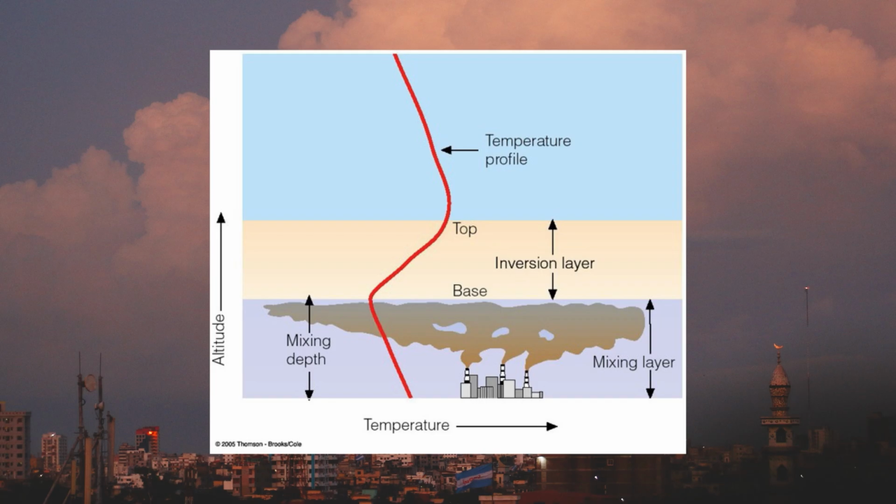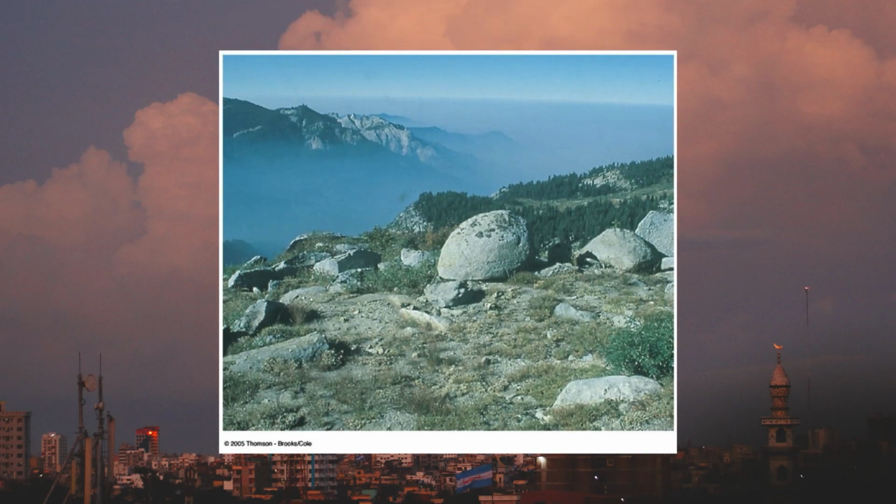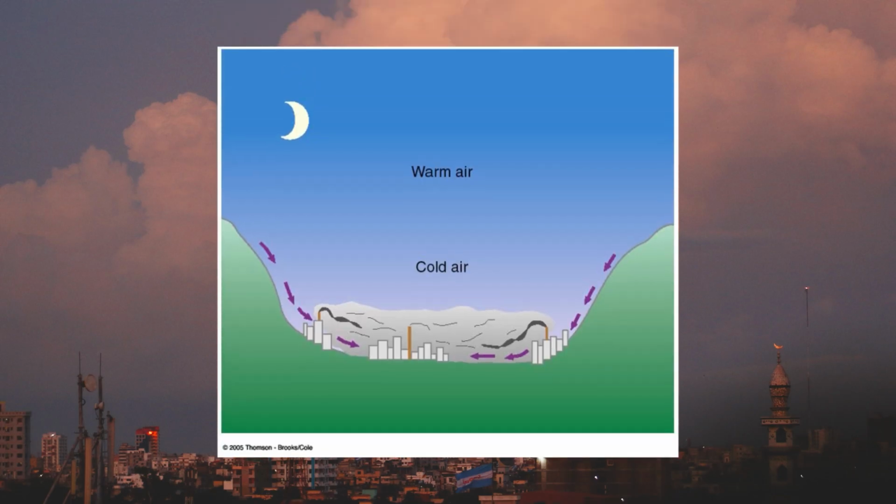As you go higher and higher, there may be an increase in temperature. This is normally called the inversion layer. And since the layer is very warm, the pollutants cannot disperse vertically, so they get trapped in this layer. Similar things occur in valleys also.